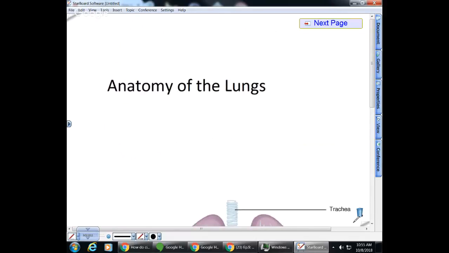Okay, so let's talk about the lungs, the anatomy of the lungs. So the lungs sit in the thoracic cavity. They sit on either sides of the heart, right? So they are protected by the rib cage.